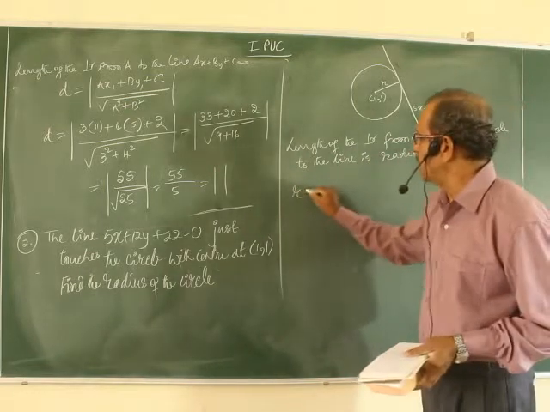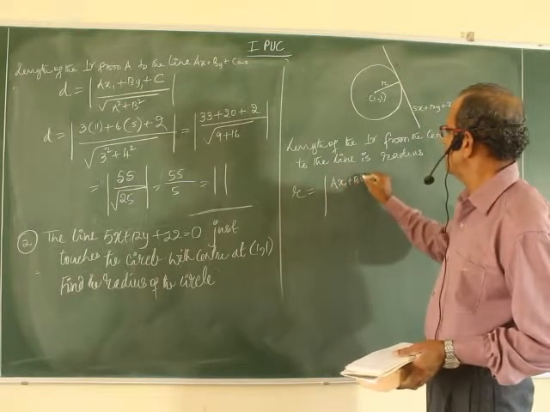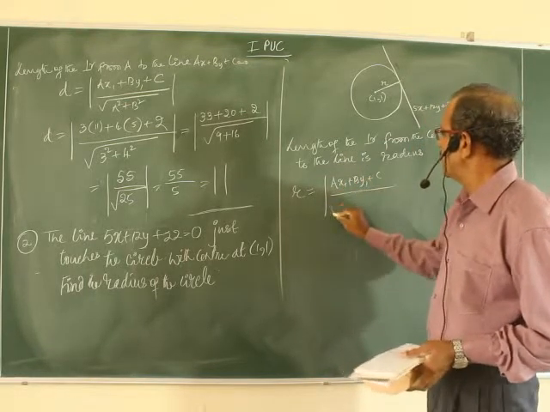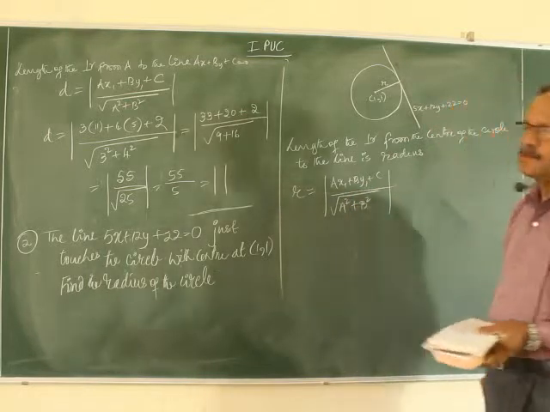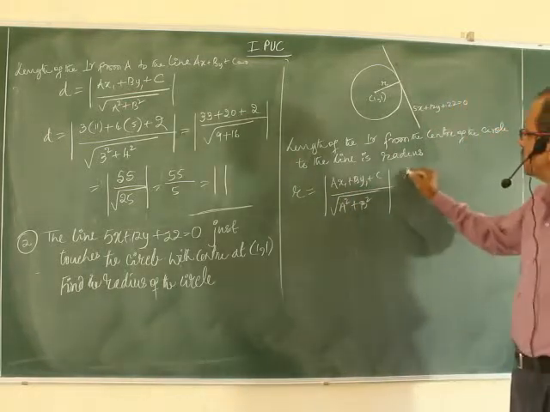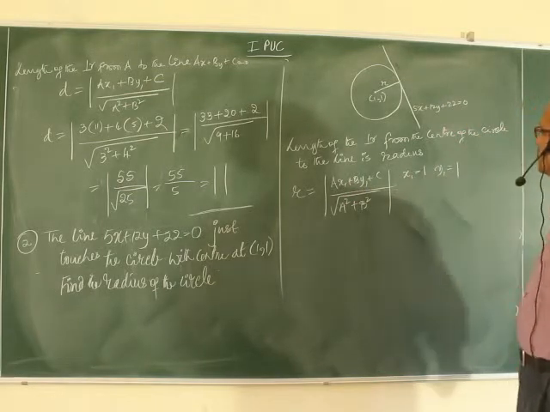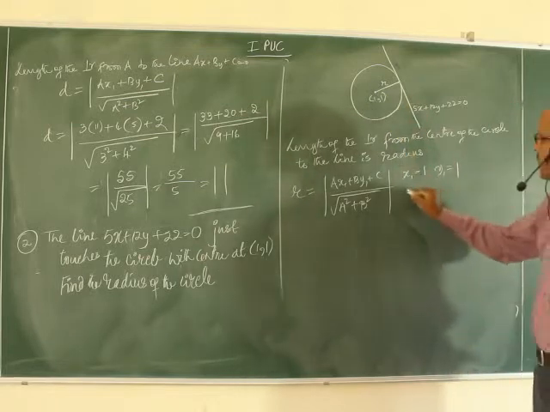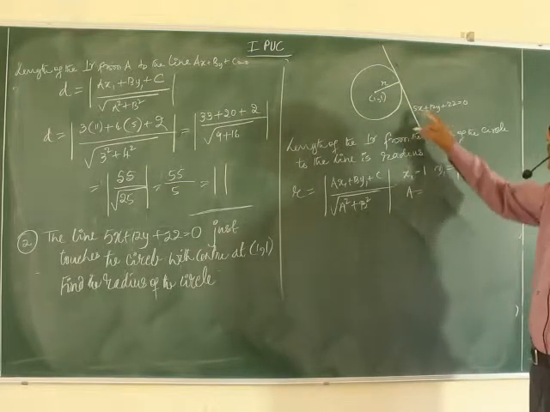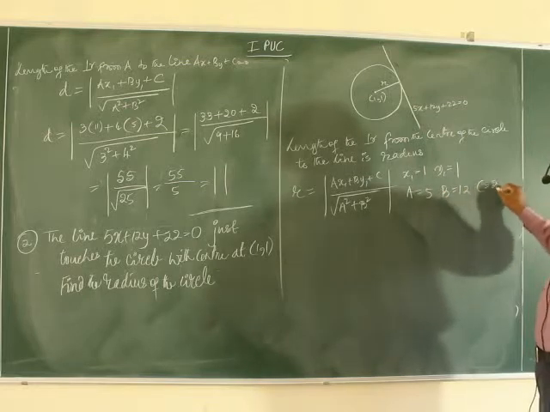So, radius r equal to (ax1 plus by1 plus c) by root of a square plus b square. x1 is 1, y1 is 1. A equal to 5, b equal to 12, c equal to 22.